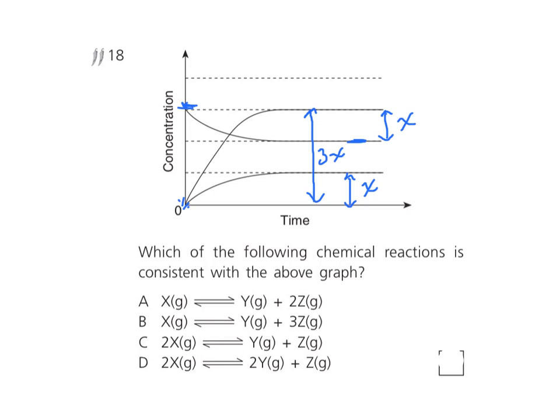So we can see now what the ratio is for the reactants and products. The reactant has a coefficient of 1, with a product with coefficient of 1 and another product with coefficient of 3. It's a 1 to 1 to 3 ratio. So looking at the choices, choice B is the only one that shows that ratio.